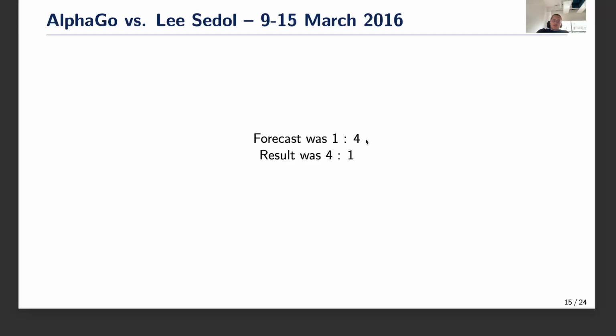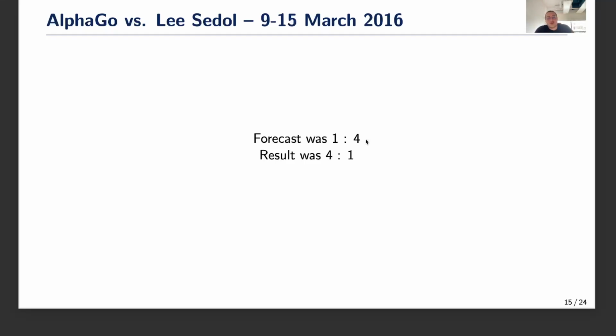In March 2016, AlphaGo, developed by DeepMind, now part of Google, challenged one of the strongest human Go players of all time, Lee Sedol, a 9-dan professional from South Korea.